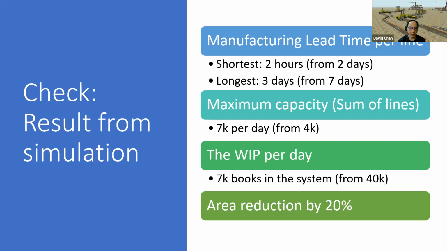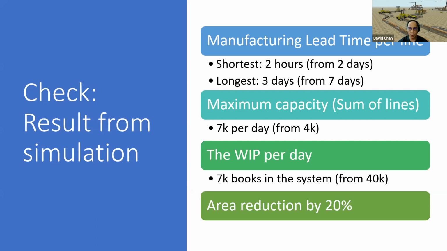Almost whatever you pump in comes out. Previously, you pumped in 7K and only got 4K out. Now we are very clear about the capacity of each line, so management can make production planning. Previously, they were not clear, so they could not do anything about it.